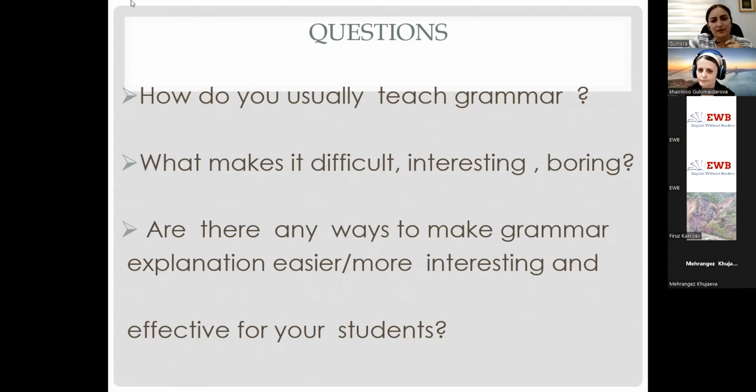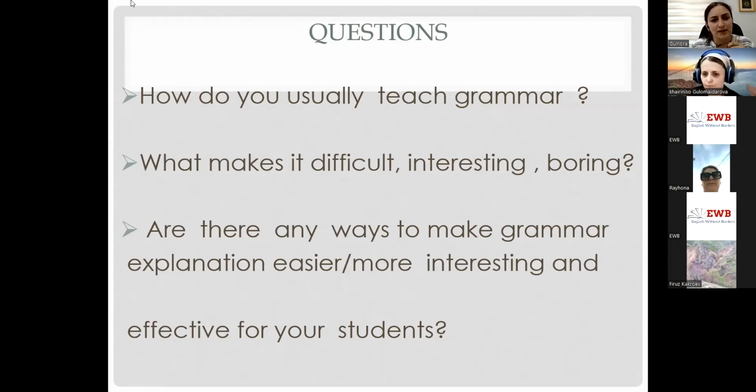For example, sometimes I elicit from the students whatever they know, and then they work out the rule themselves, and through this way, I bring them to the new presentation of the grammar. And sometimes I start teaching by putting the rules on the board, explaining the rules, and then we practice.